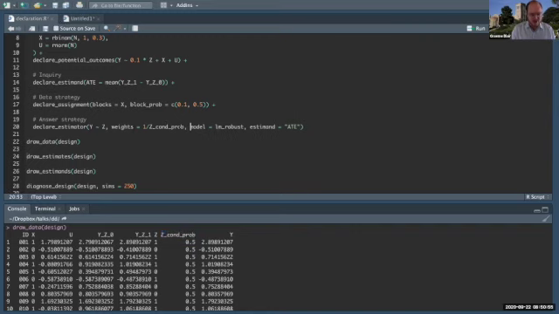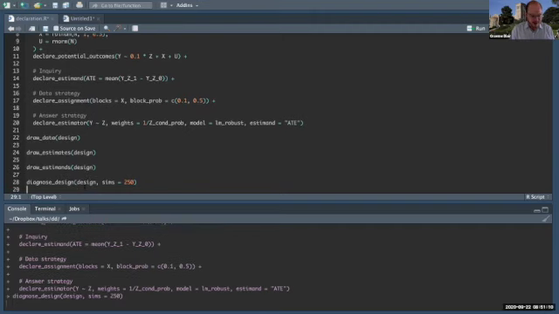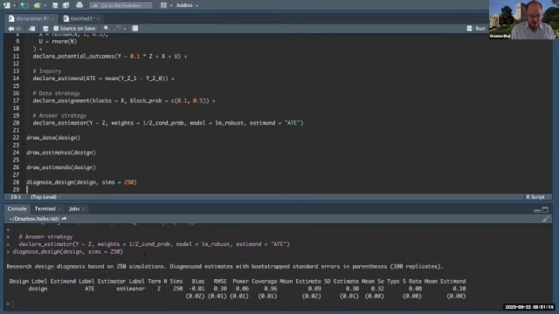And so I can weight by that conditional probability. So I keep the block probability as the same, and I weight by the inverse of that probability to upweight those that have a low probability of assignment and downweight those that have a higher one. And so I can diagnose that design. And that's also unbiased. So there are two different ways that we could have adjusted this design.